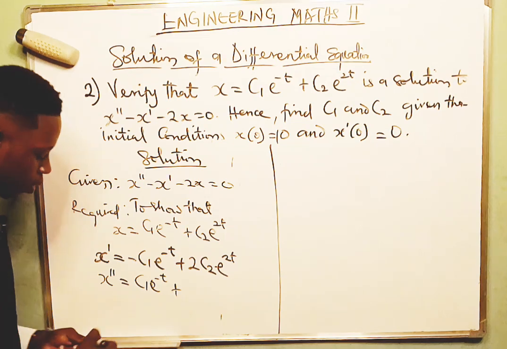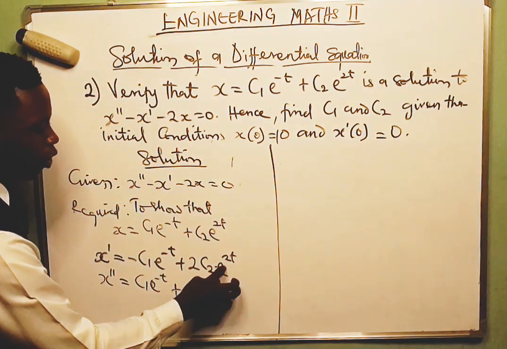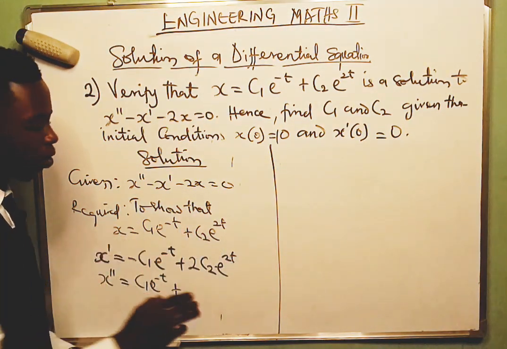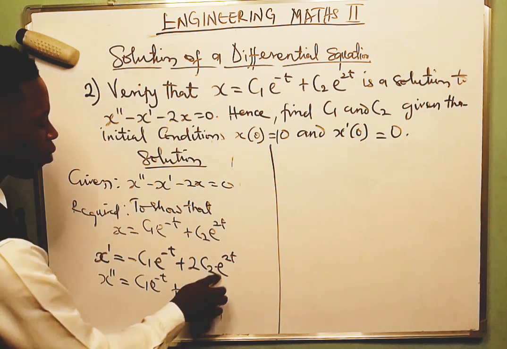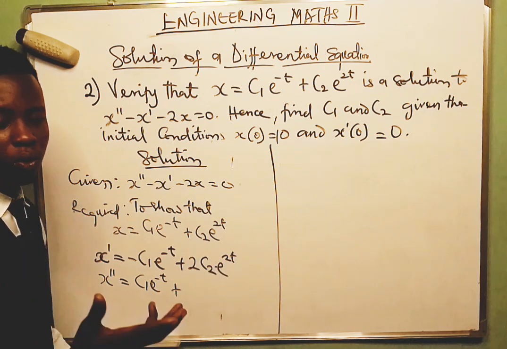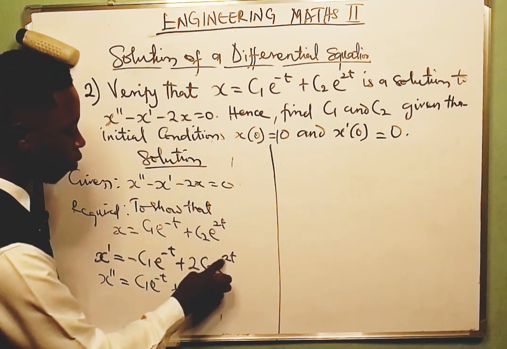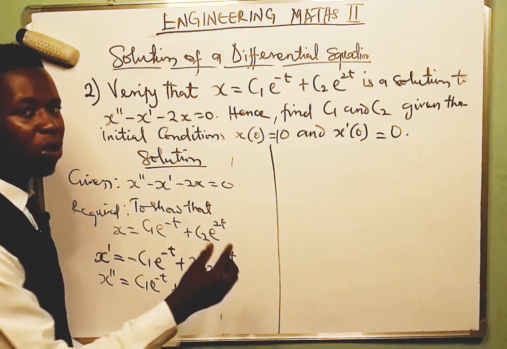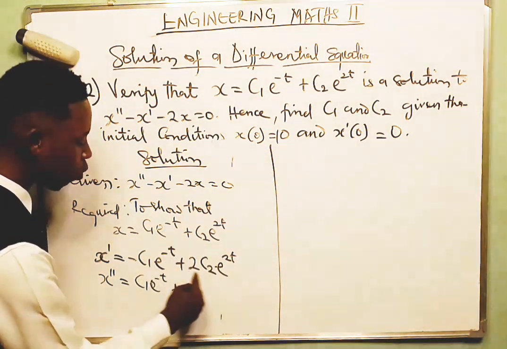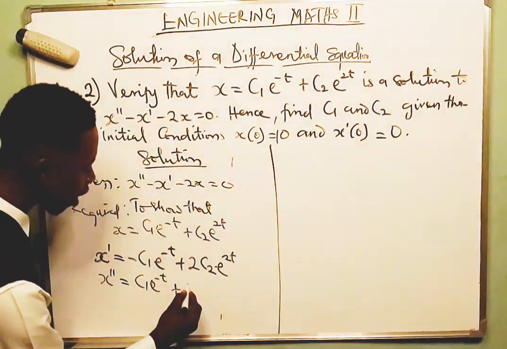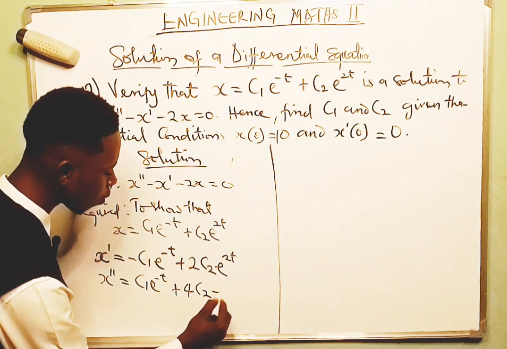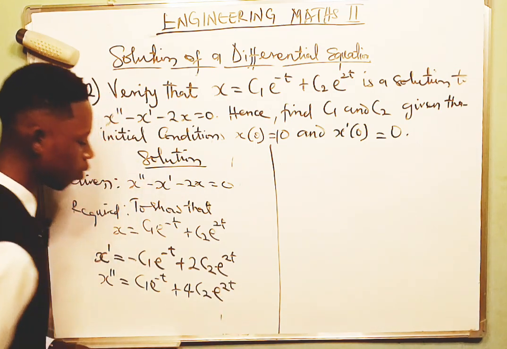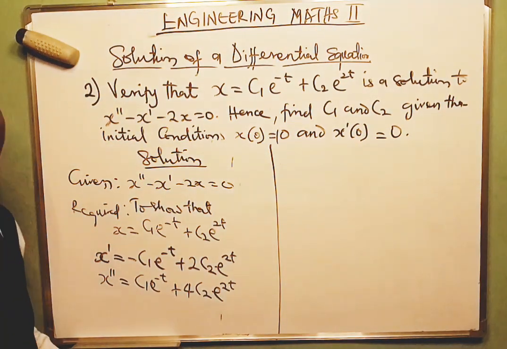Plus, exponential 2t is what you are differentiating here. Others are constants. When you differentiate 2t, you have 2. Now, 2 times whatever you have here gives 4c2 exponential 2t. As simple as that.